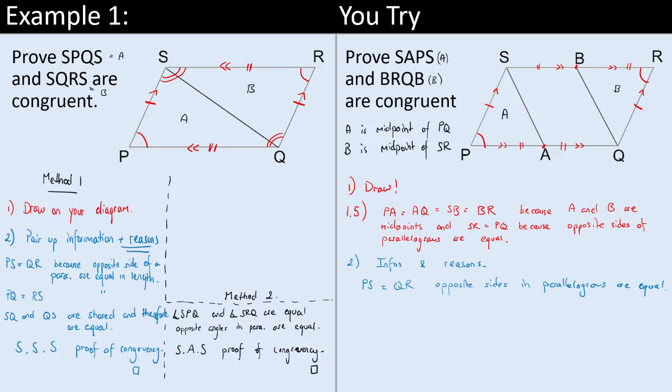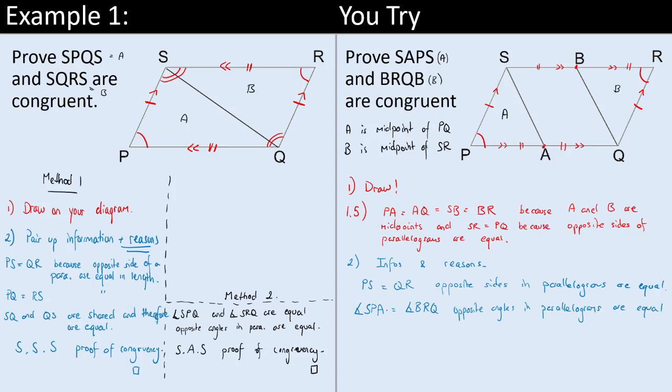What else have we figured out? We figured out the angle SPA equals angle BRQ. Opposite angles in parallelograms are equal. So we've got a side, we've got an angle.